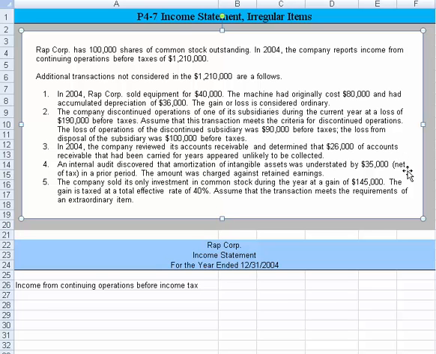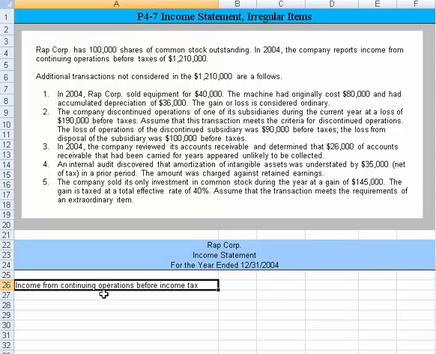The fourth item says an internal audit discovered that amortization of an intangible asset was understated by $35,000 in a prior period, and the amount was charged against retained earnings. We'll deal with that in a moment as well. And then the fifth item says it sold its investment in common stock at a gain of $145,000. The gain is taxed at 40%, and assume that this sale is an extraordinary item.